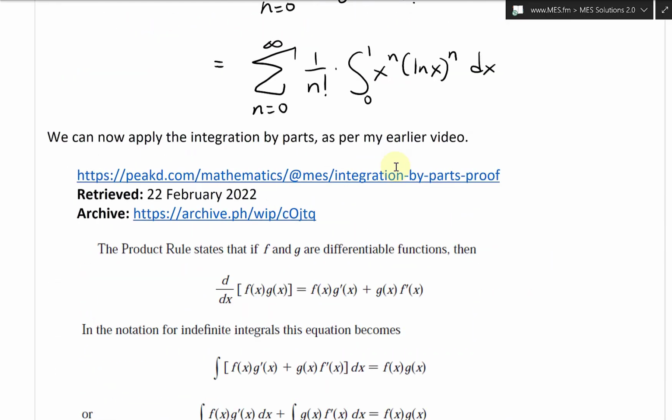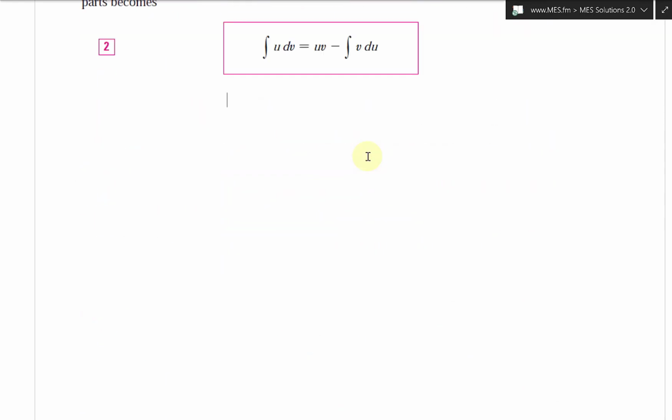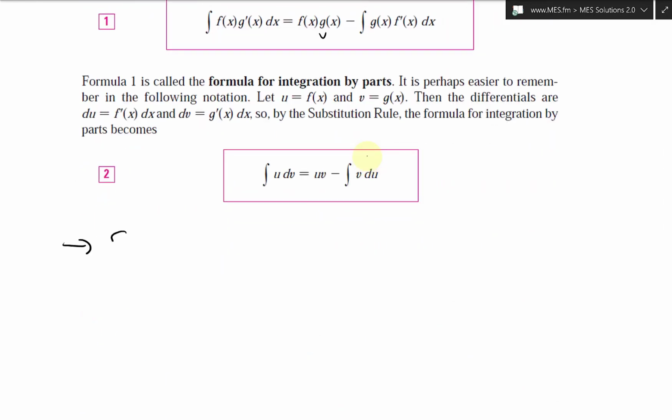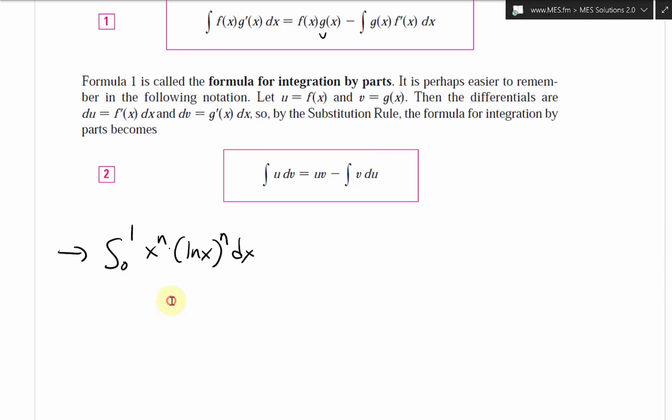All right, so let's look at this integral. I'm going to put right here the integral from 0 to 1 of x to the n times ln x to the n dx. And the one that I want to take the derivative of is this, because this involves a ln x, and we know the derivative of ln x is 1 over x, and the integral is not that simple.